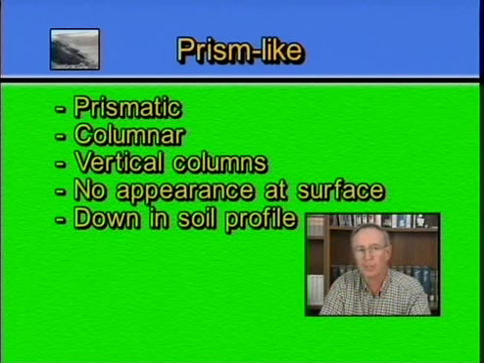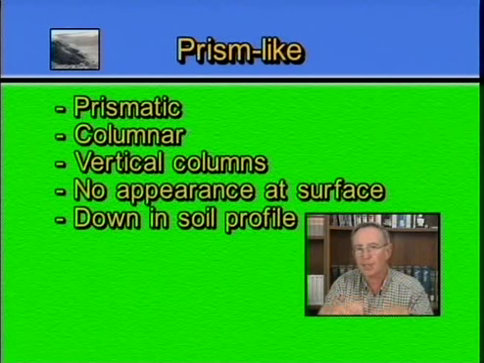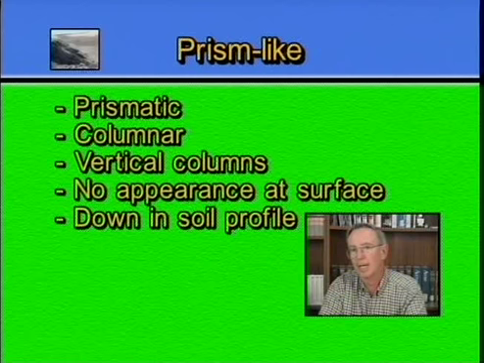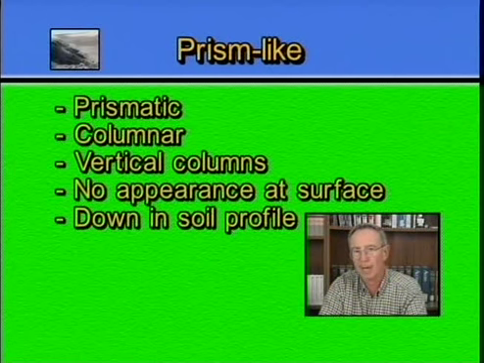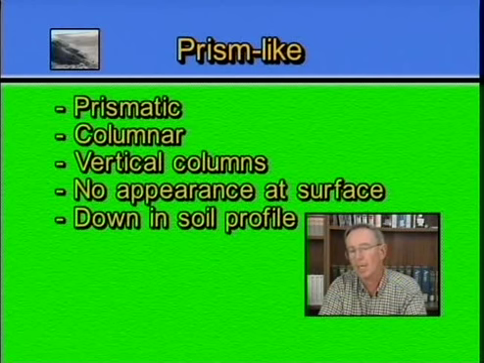Just the growth of roots of plants into the surface part of the soil are really not conducive to the formation of these larger prismatic or columnar types of units.